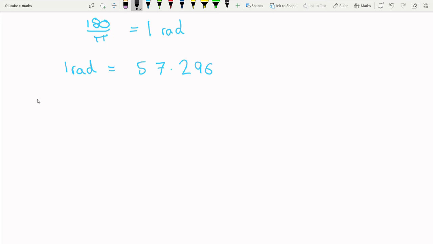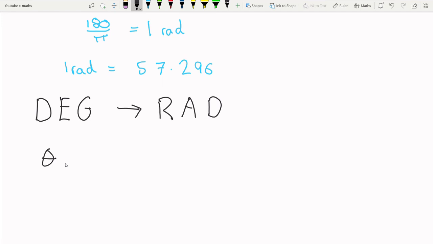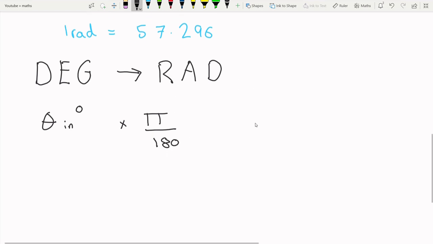So the simple way to go from degrees, we'll call that deg, to radian, as we've mentioned earlier, it's called rad. We actually times our answer, theta, in degrees, times it by pi over 180. That will give us degree 2 radian.